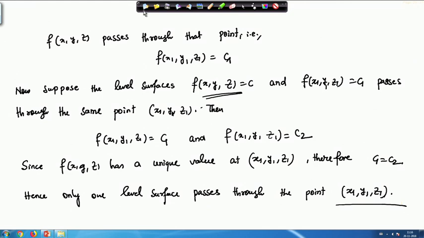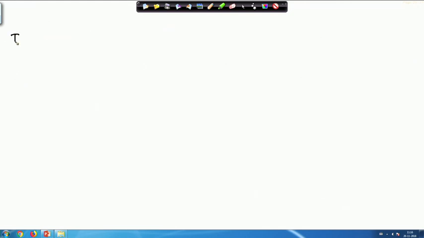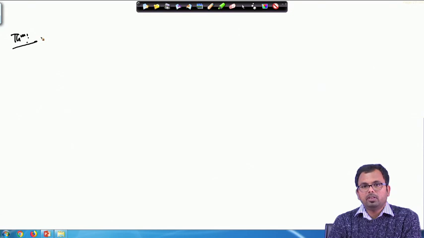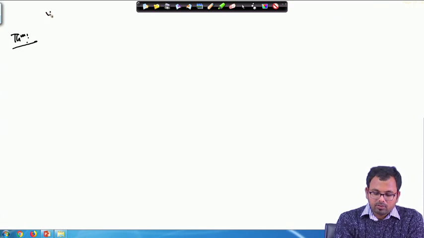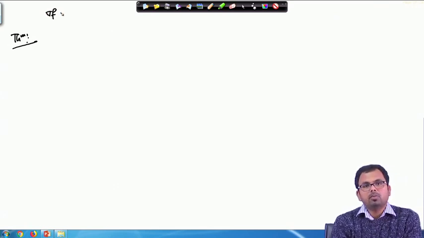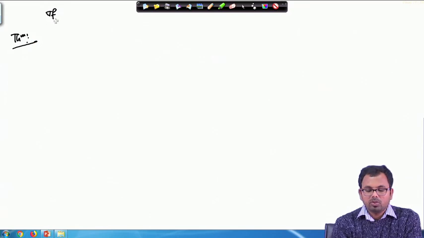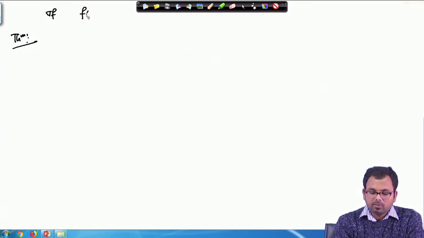Now, another theorem which is a little bit more interesting. You remember we calculated the gradient of a scalar function. Gradient of a scalar function we usually write in this way, but what does it mean actually? What does it do to a surface, let us say f(x, y, z) equals c?